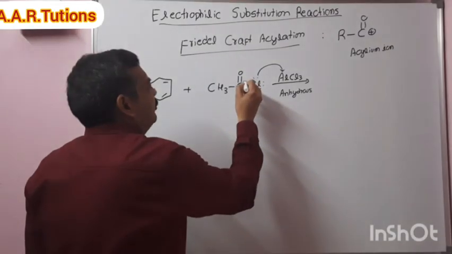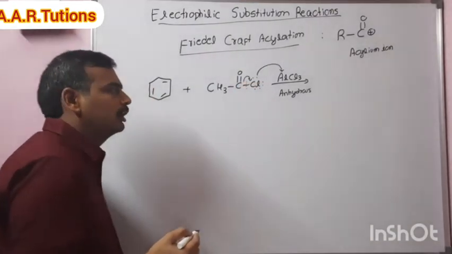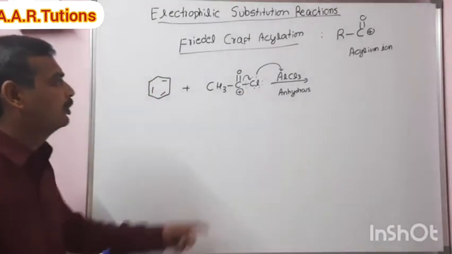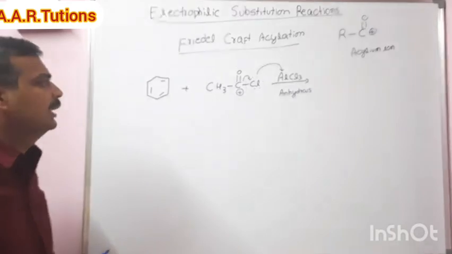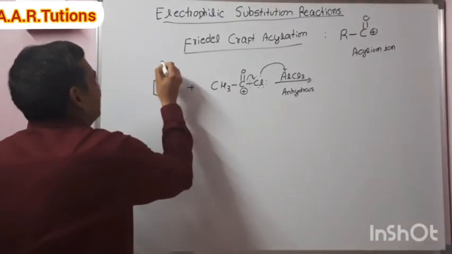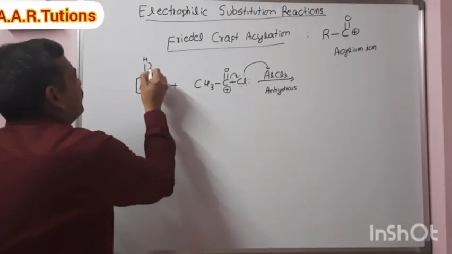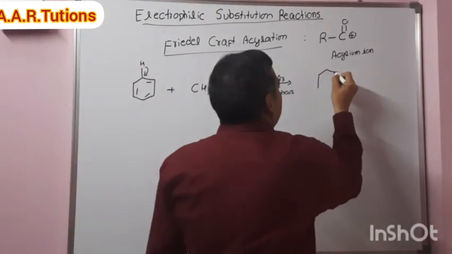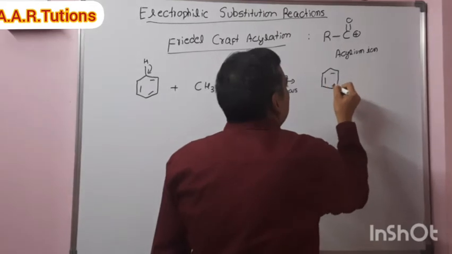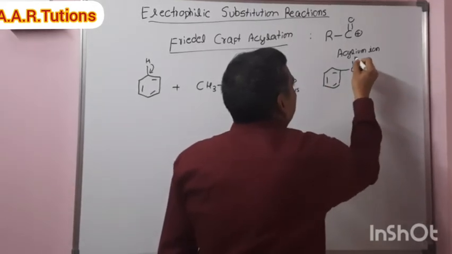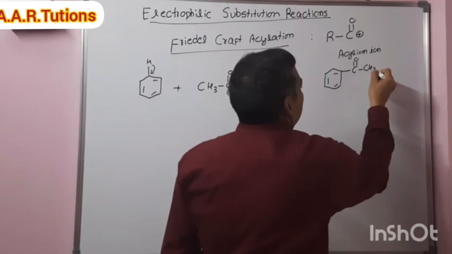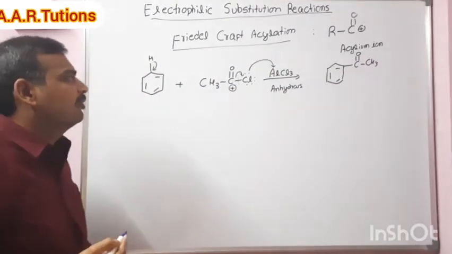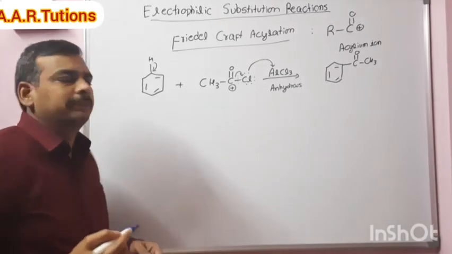This bond becomes weak, with a shift of bond pairs towards chlorine. As a result, the electrophile, the acylium carbocation with a positive charge, attacks the benzene ring. One electrophile displaces hydrogen from the benzene ring. So finally the product formed is acetophenone, C6H5COCH3. Coming to the mechanism, for one reaction we will write the mechanism.